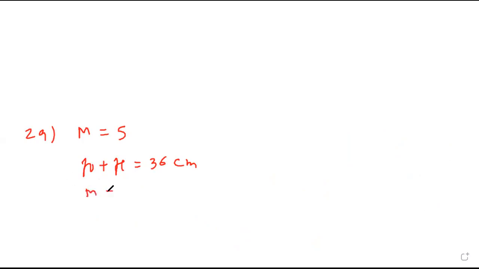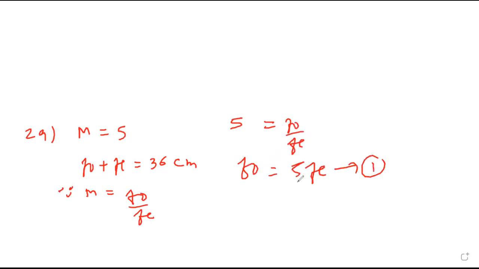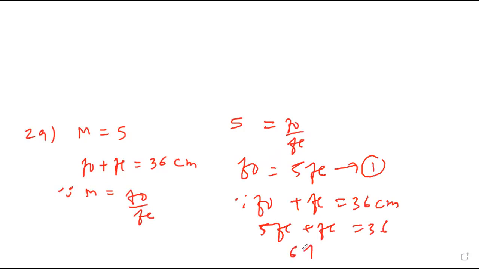We know m equals FO upon FE in magnitude. So 5 equals FO upon FE. Therefore, FO is 5 times FE. Since FO plus FE is 36 centimeter, so 5 times FE plus FE is 36. 6 FE is 36.